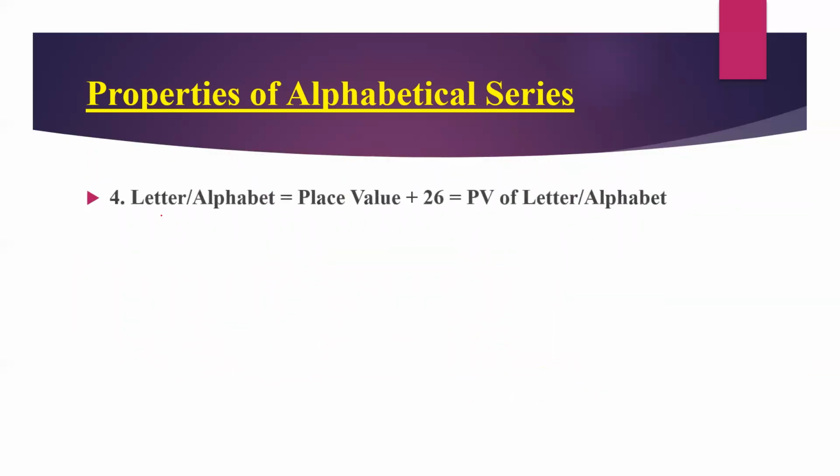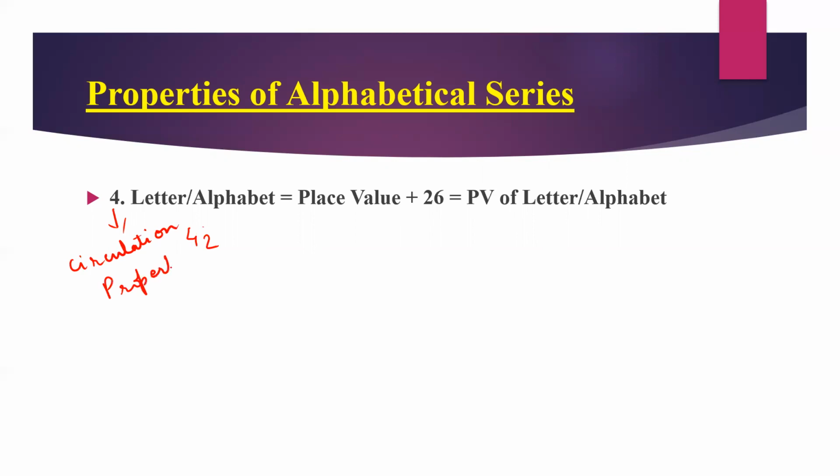And the last property is this: suppose anyone asks what the letter is if we place the alphabetical series from the left side, which letter will be at place 42? This property is also called the circulation property.